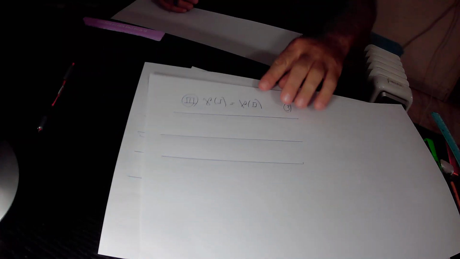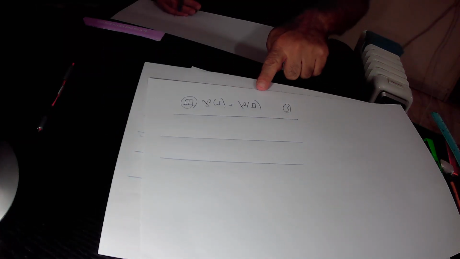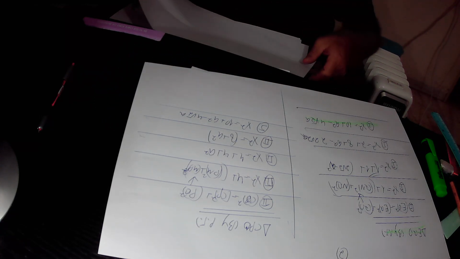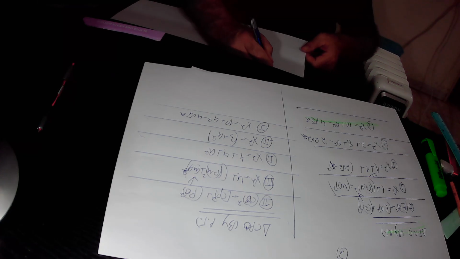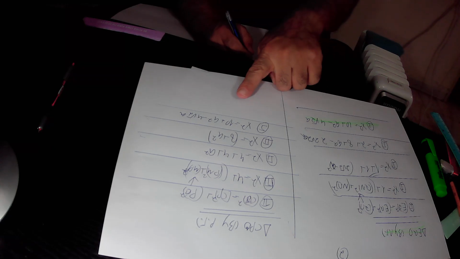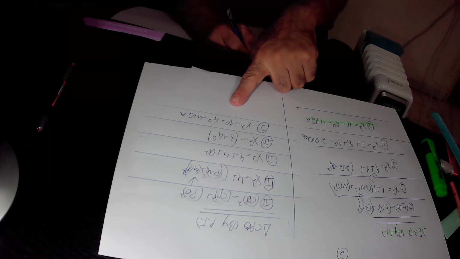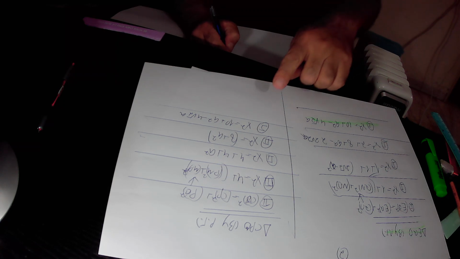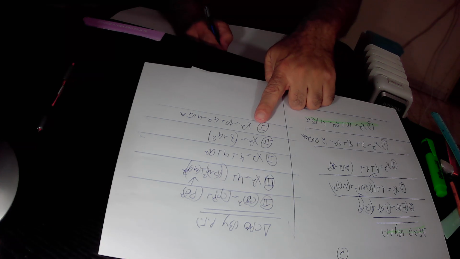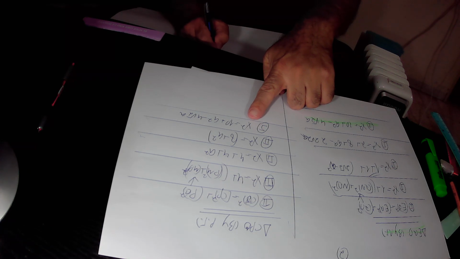According to equation 3, x squared according to equation 1 must be equal to x squared according to equation 2. X squared according to equation 1 equals 10 plus a squared minus 4 times square root of 2 times a, and it must be equal to x squared according to equation 2, which equals 8 plus a squared.